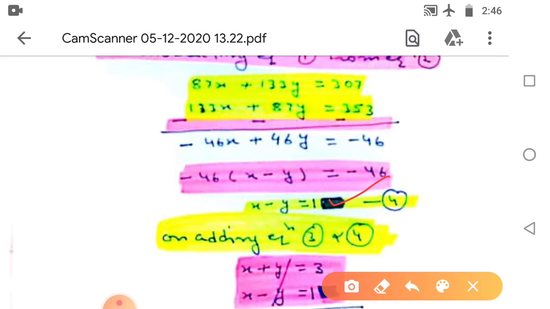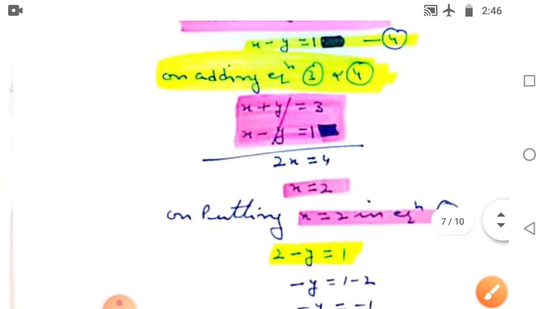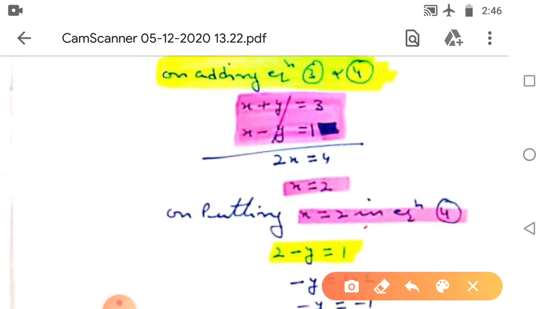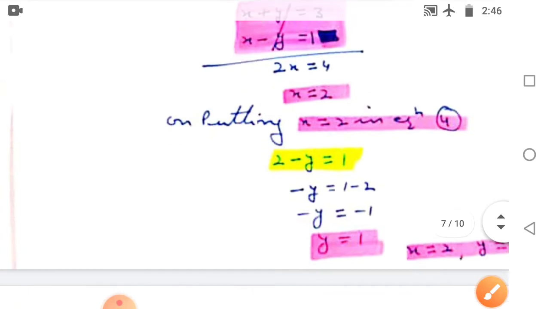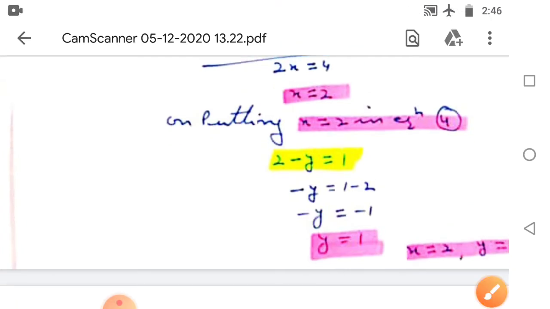So we have two equations, 3 and 4. After adding these two, the value of x comes 2, and after putting the value of x in equation 1, we get the value of y as 1. So y is 1, x is 2.